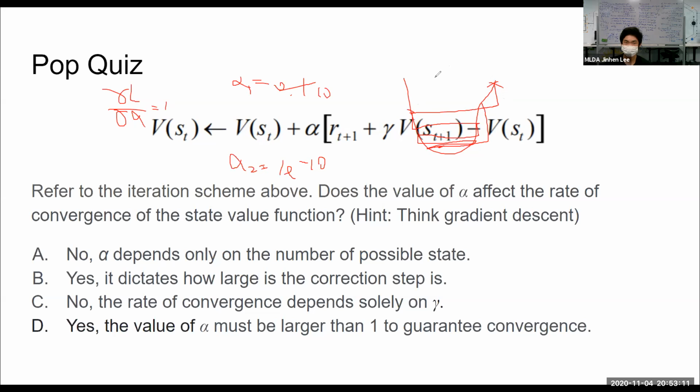But if your value alpha is very small, then you take a smaller step at each point. So if your alpha 2 is very small, then you have a small update at each time step.